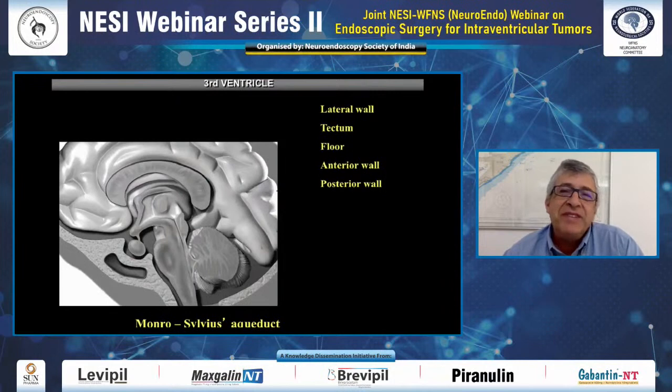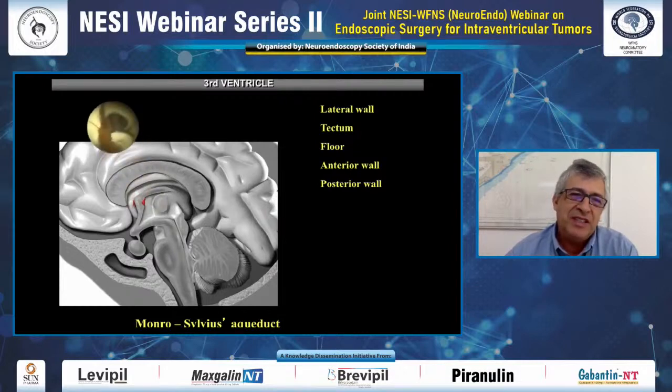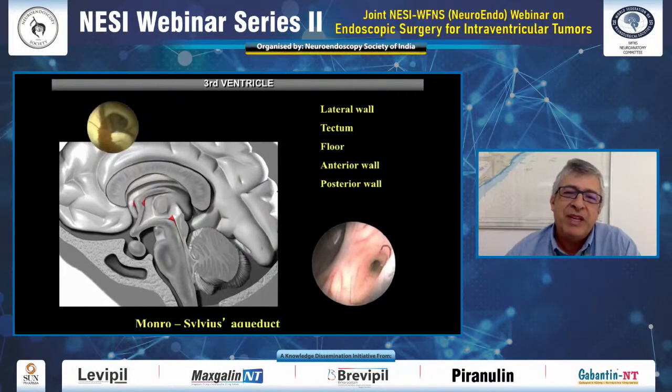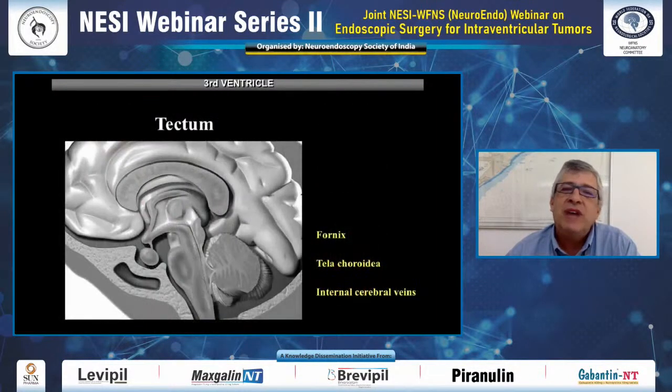But the cavity more important for us, I think, is the third ventricle. In the third ventricle, you have a door, the Monro foramen. You have the aqueduct of Sylvius, and you have several regions of the third ventricle.